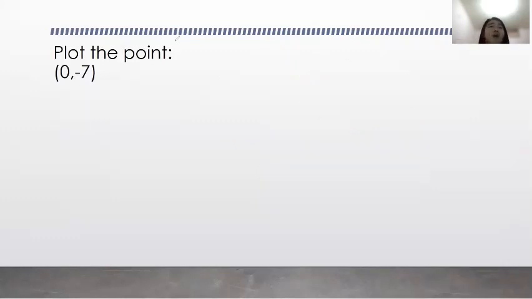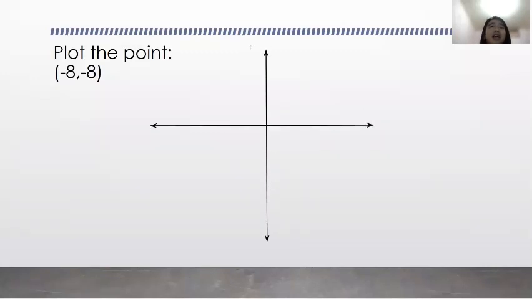Now, let us have more examples. Let's have (-8, -8). We are going to make a Cartesian plane and label it as y and x. Since the value of our x is equal to -8 and the value of our y is also equal to -8, the point is in quadrant 3.